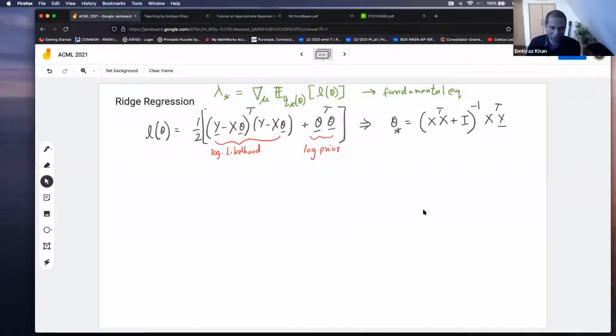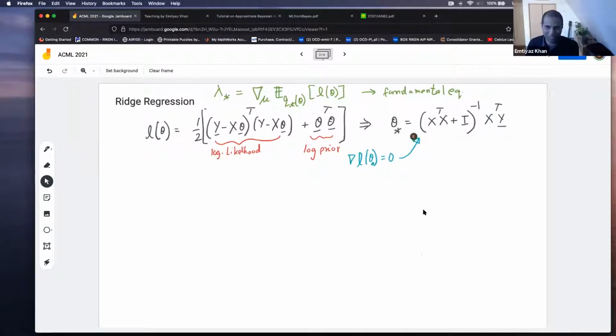It is available in closed form, and you get it by taking the gradient of the loss and setting it to 0, which happens at this theta star.